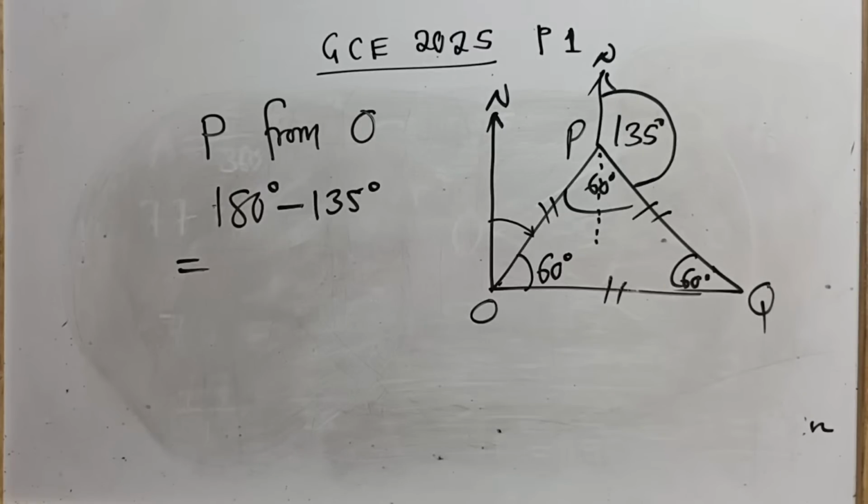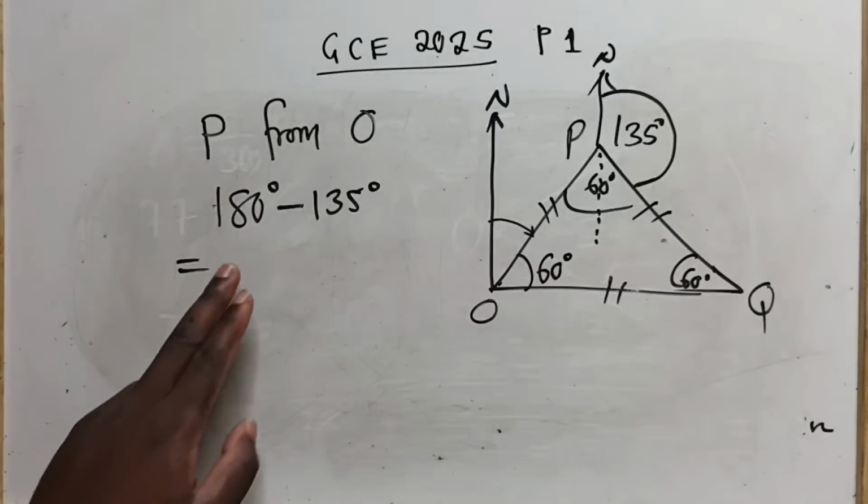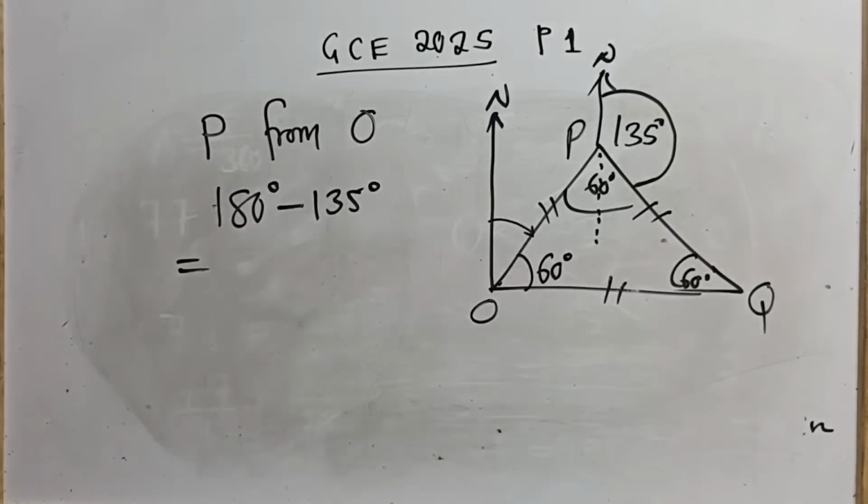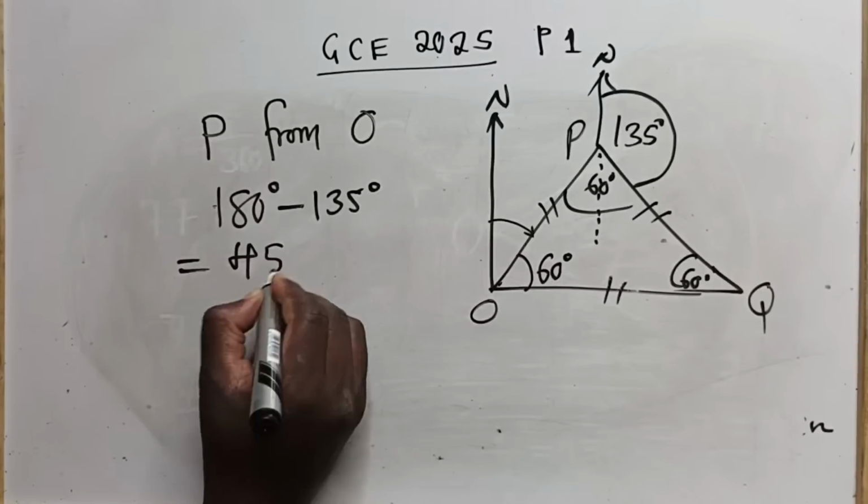That's where I'll start explaining from. Anybody, 180 minus 135, what is it that we are getting? We're getting a 45. So this is giving us 45 degrees.